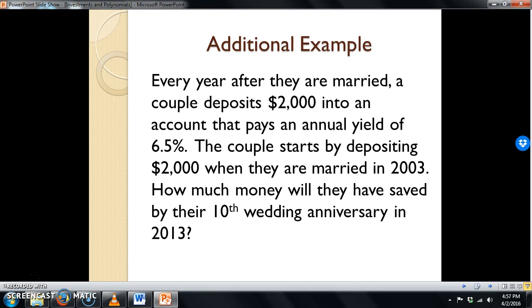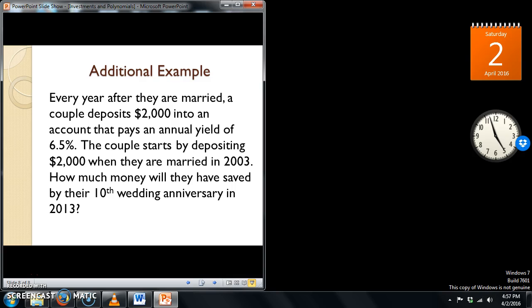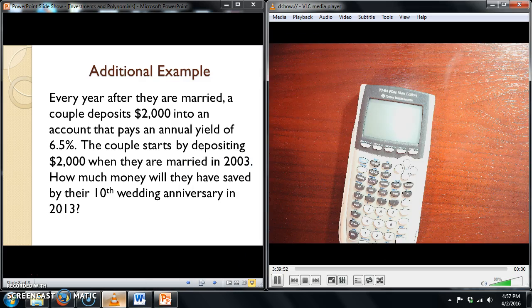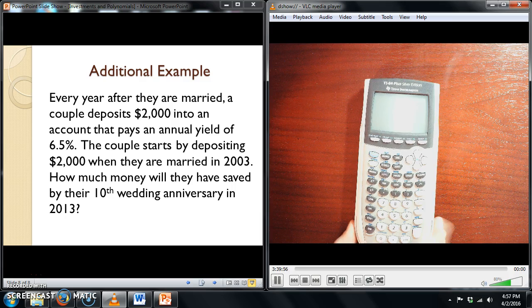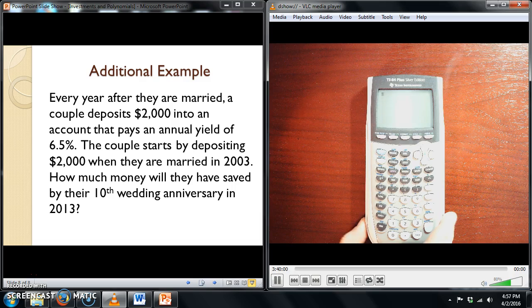Well, I'm going to show you the key sequence here because it's rather lengthy. However, I want to show you what's going on here. We basically have a $2,000 that's going in for 13 years, for 12 years, for 11 years, for 10 years, for 9 years, all the way down to the one on their 10th wedding anniversary.